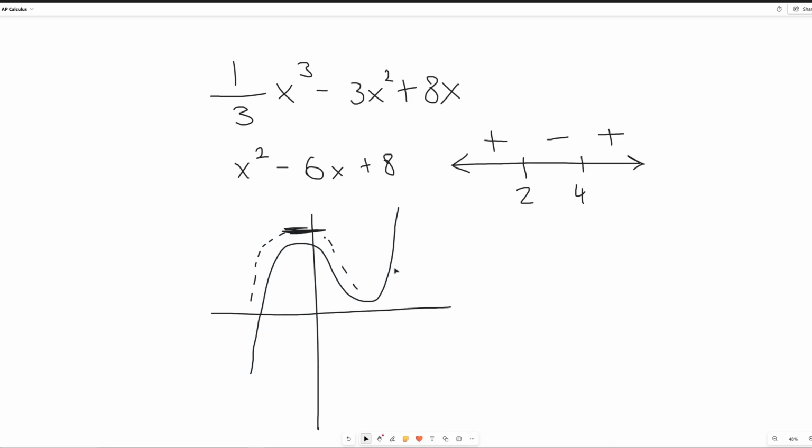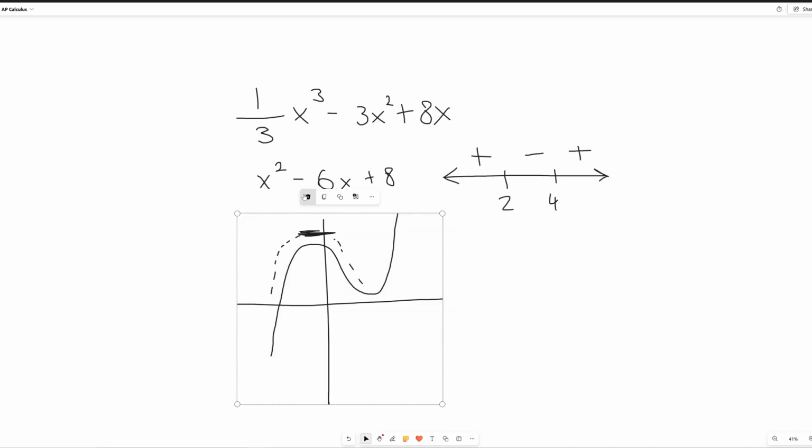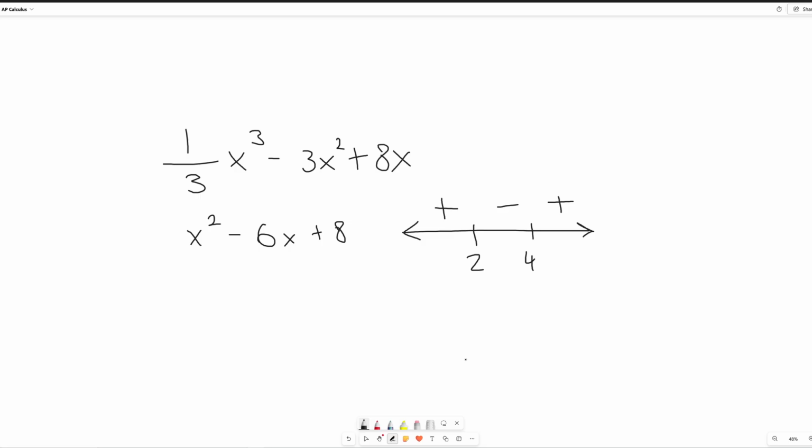So, if you look at a sign chart that you created for the derivative, it's positive over here, and then we know that the derivative is 0 at these critical points. So, if it's positive, positive, positive, and then it hits 0 and then goes negative, negative, negative, this is our relative maximum.